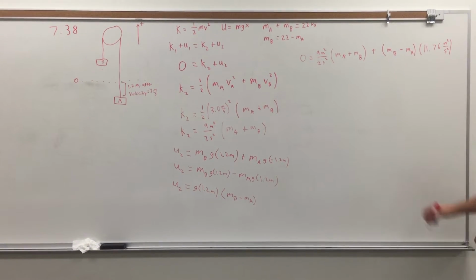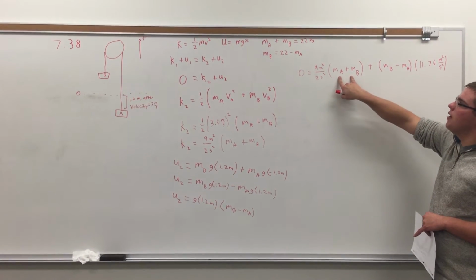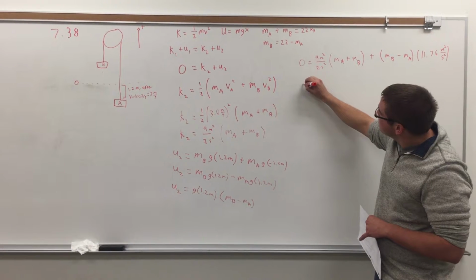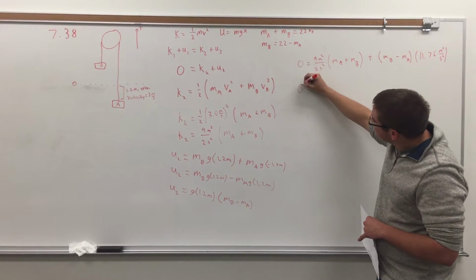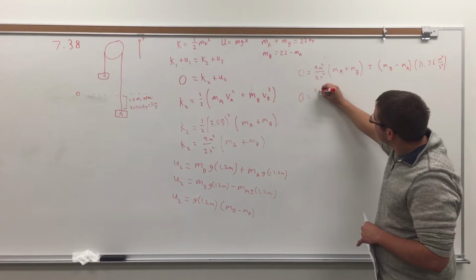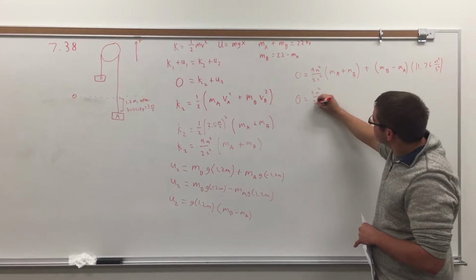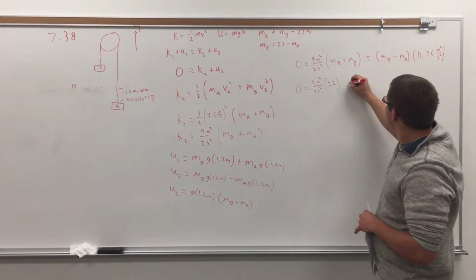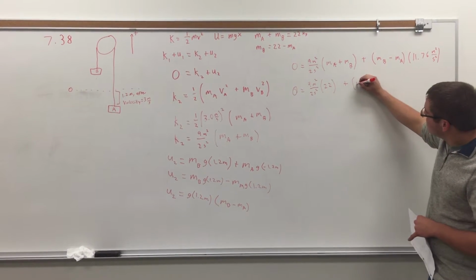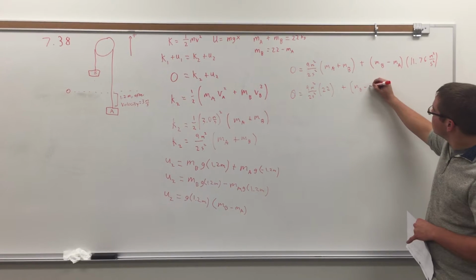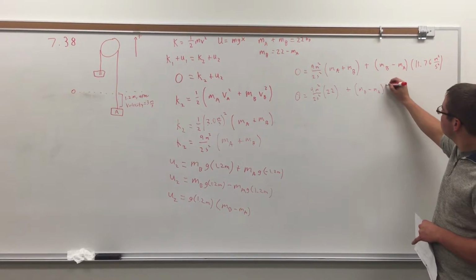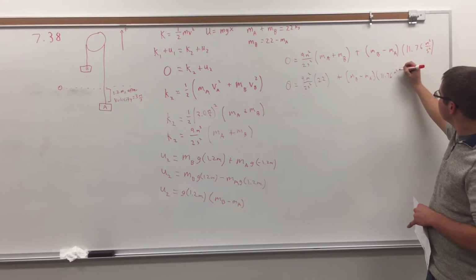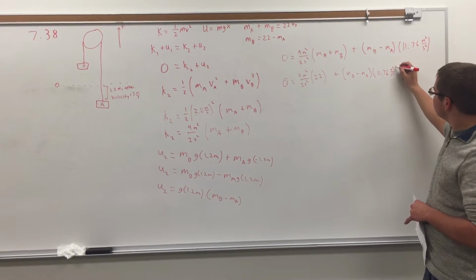And so solving for this, we know what the value of MA plus MB is. That's 22. So we get 0 equals 9 meters squared over 2 seconds squared times 22 plus mass of B minus mass of A times 11.76 meters squared over seconds squared.